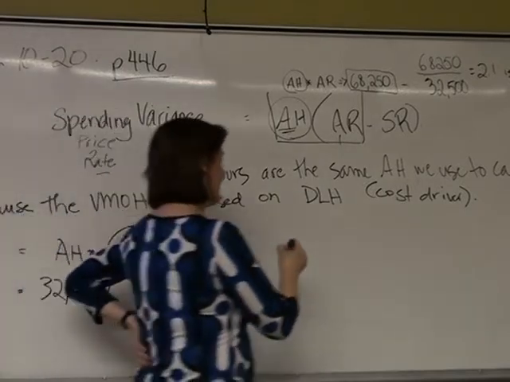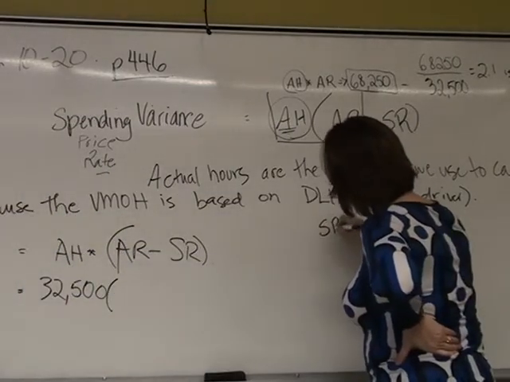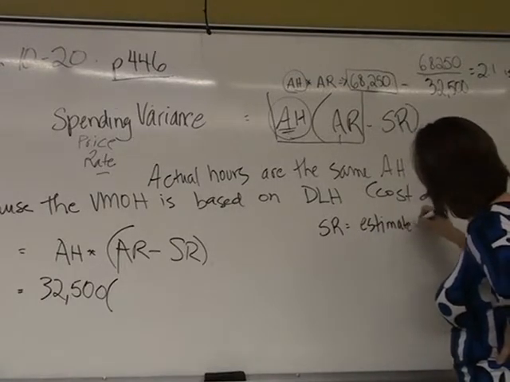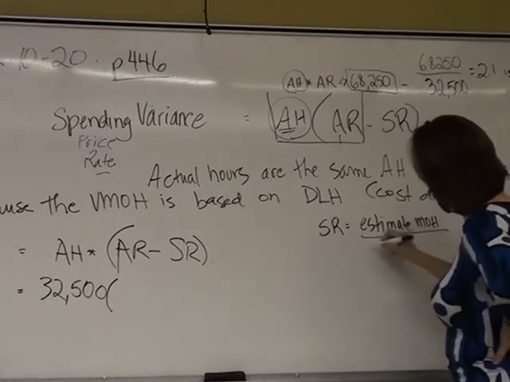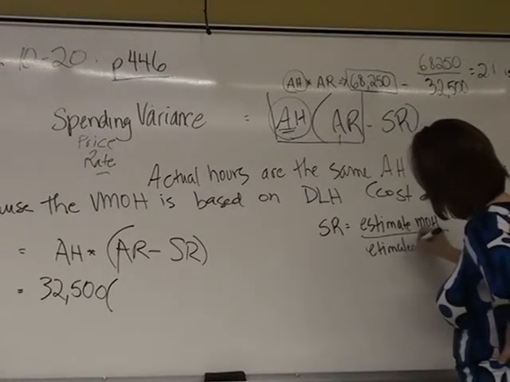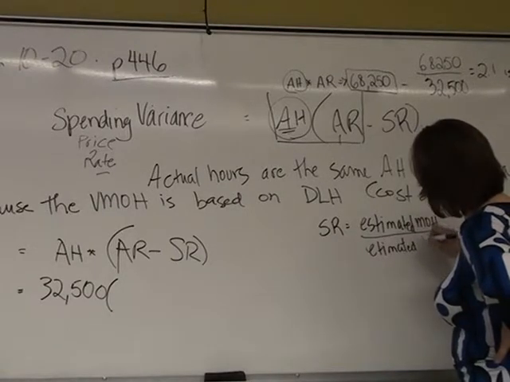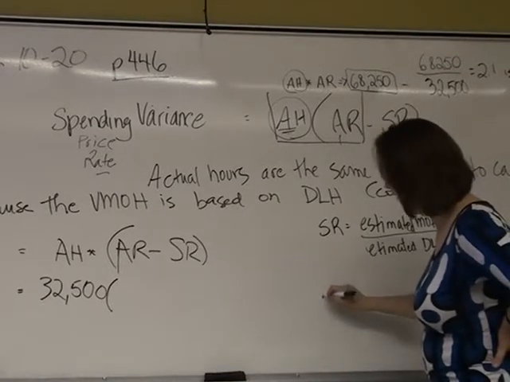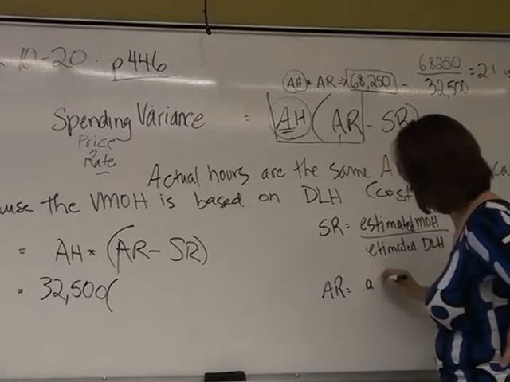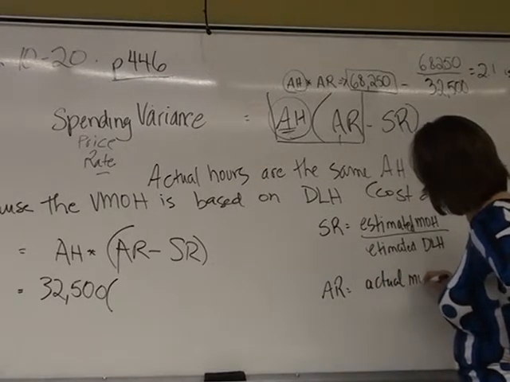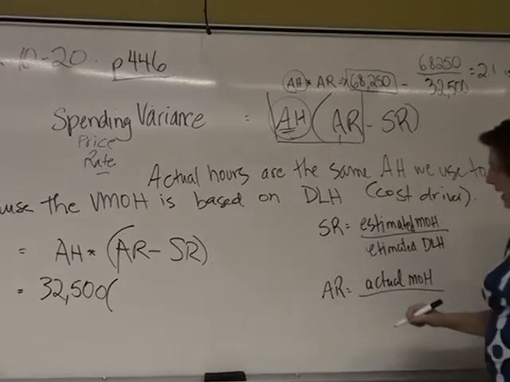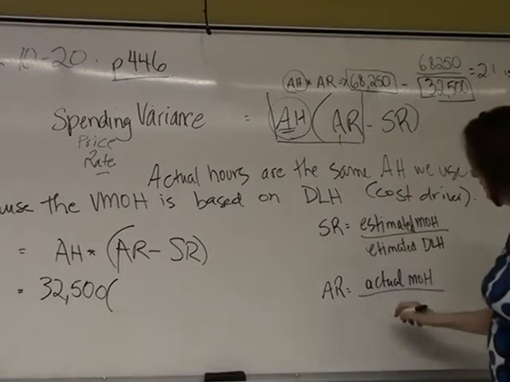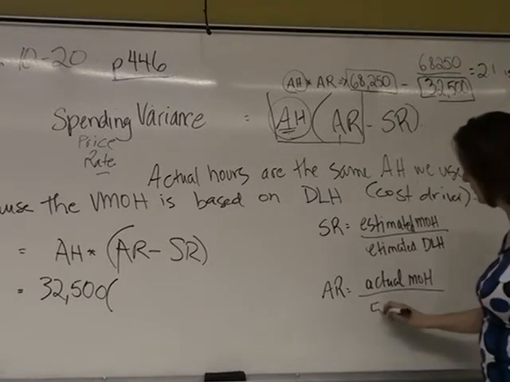So the standard rate we would get by the estimated overhead divided by the estimated direct labor hours, or the cost driver, right? So that means that the actual rate we would get by the actual overhead divided by the standard hours.